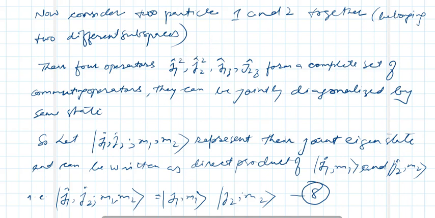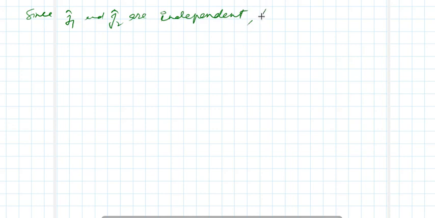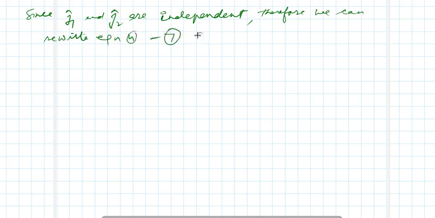Now, since these J1 and J2 are independent, therefore we can rewrite equations 4 to 7 as follows.